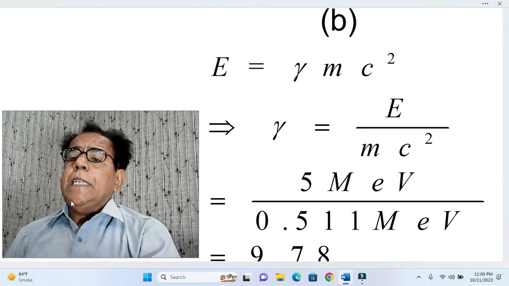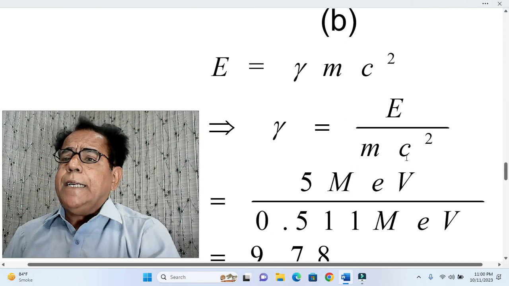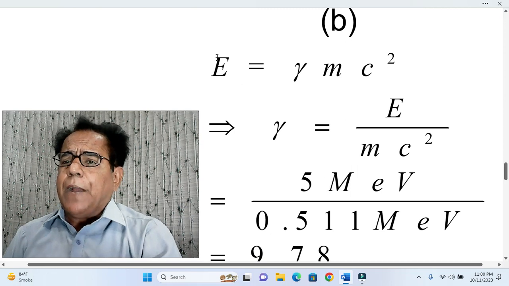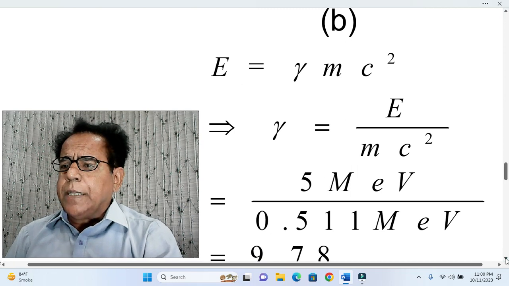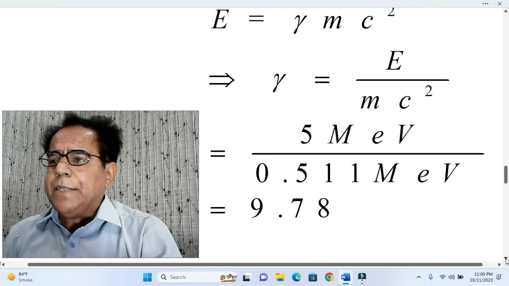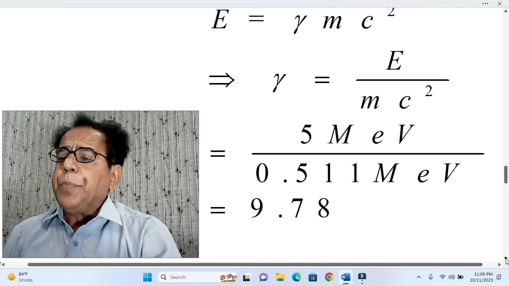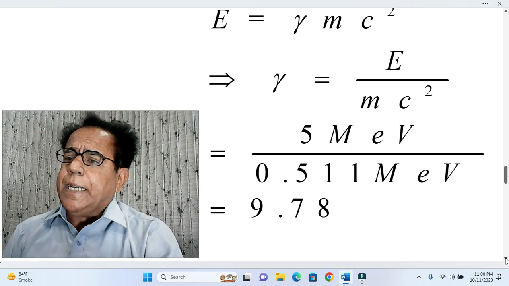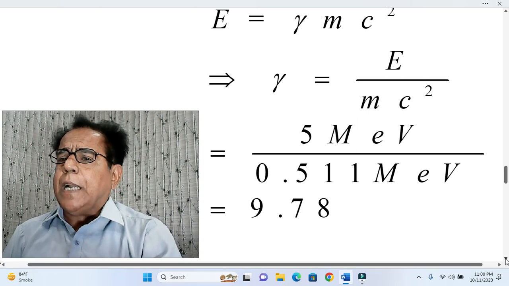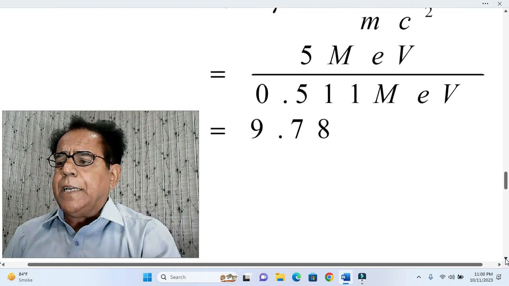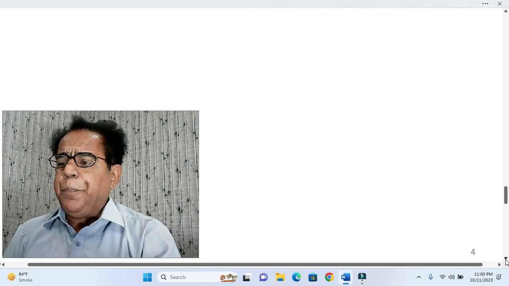From here we keep Lorentz factor gamma on one side, and mc squared is divided on the other side of the equality, hence gamma is equal to E over mc squared. We have both values of E and mc squared, and we put these two values, and our Lorentz factor gamma becomes equal to 9.78. Quite easy, quite simple.